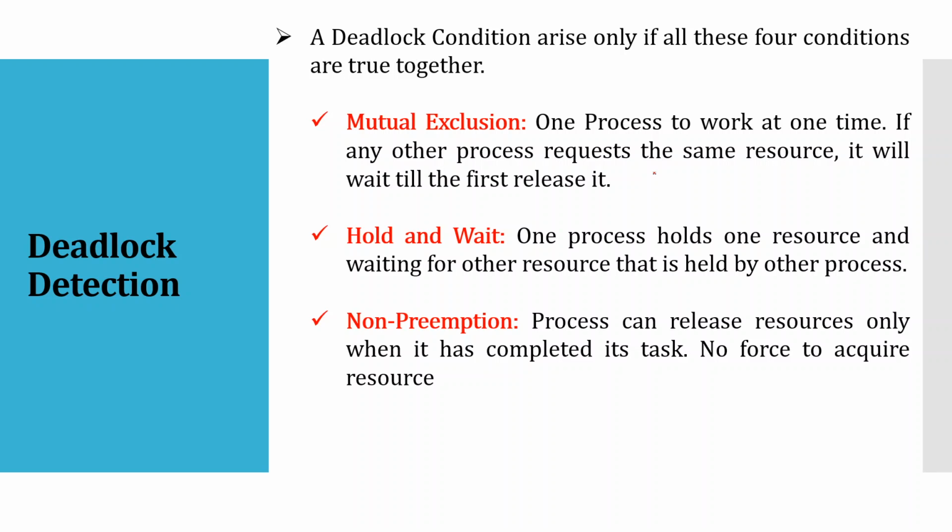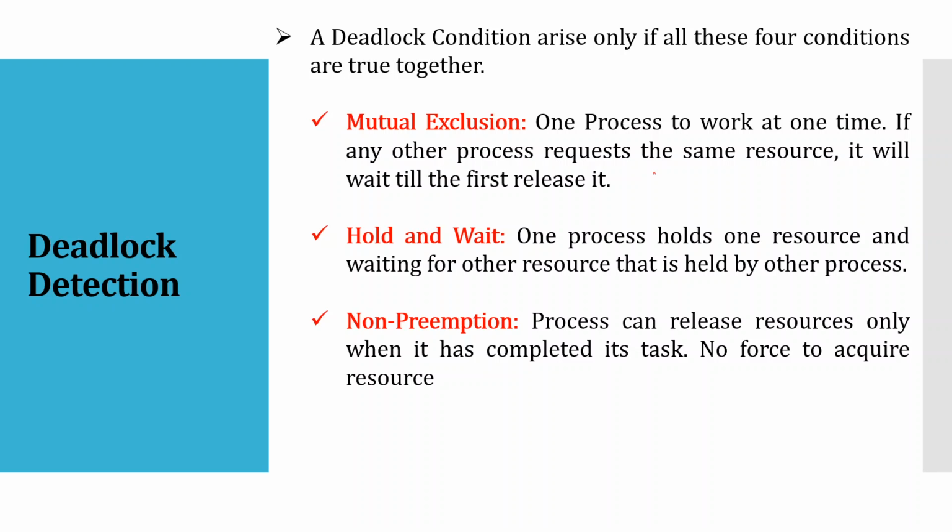You have to wait. You cannot forcefully acquire any resources from another transaction. That is what non-preemption is, right? It will release the resources only when the task is completed, and another transaction cannot forcefully acquire a resource that is already held by some other transaction.